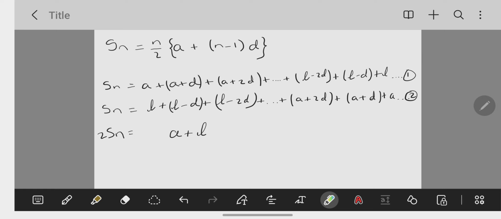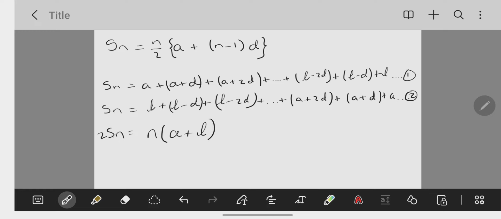So I basically went for n terms. If I have n terms, therefore I have n number of a plus L's. So if I had 7 terms, then I would have 7 a plus L's. Since I have n terms, it's n number of a plus L's.